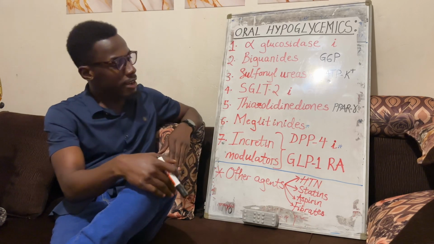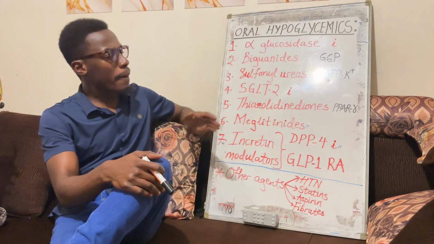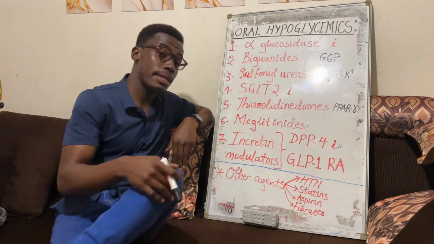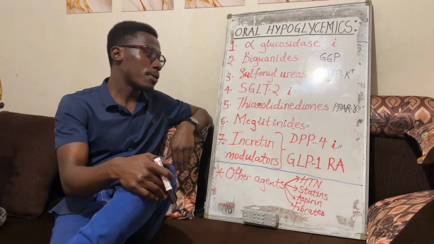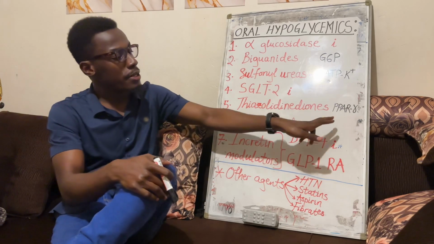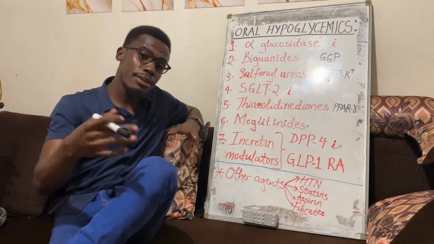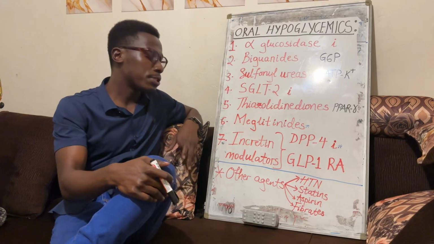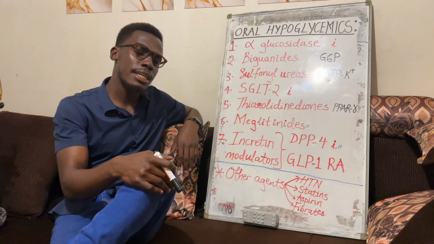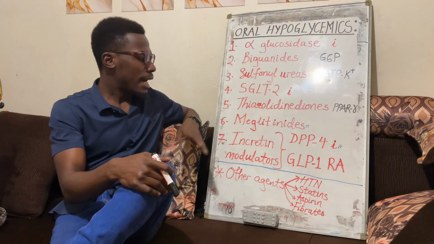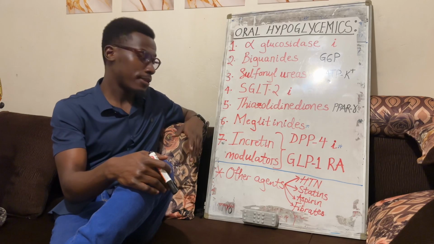And they do that via PPAR gamma mediated action. So through this intermediate, those drugs are able to increase the GLUT4 receptors, and so our insulin produced by the body has a higher chance of exerting an effect. An example of such drugs is pioglitazone.